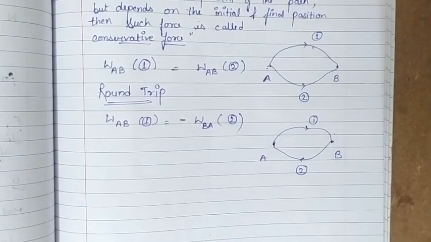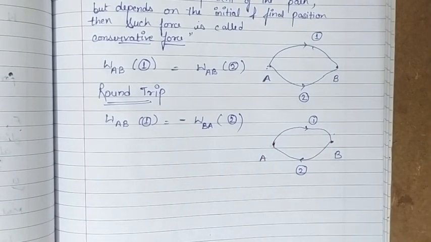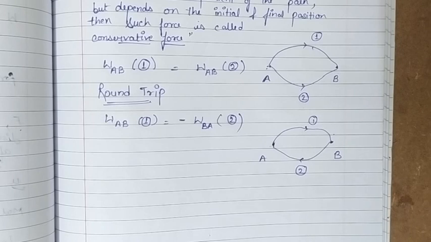That means work done while moving from A to B along path 1 is equal to negative of work done while moving from B to A along path 2 if the forces acting on the particle are conservative.